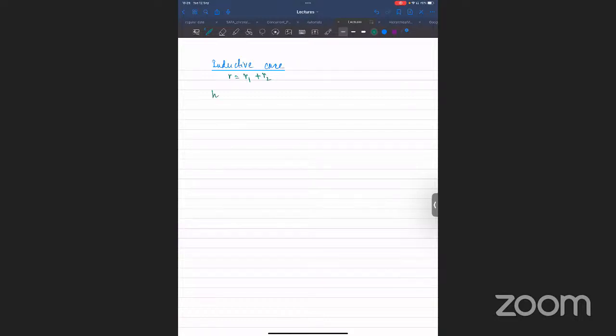Then we are going to show that indeed H of L of R equals L of H of R, which we are also calling L of R prime. So R prime is nothing but H of R. So this is what we need to prove.